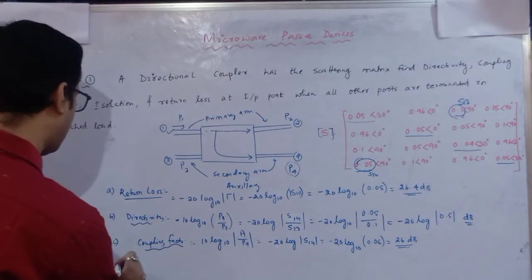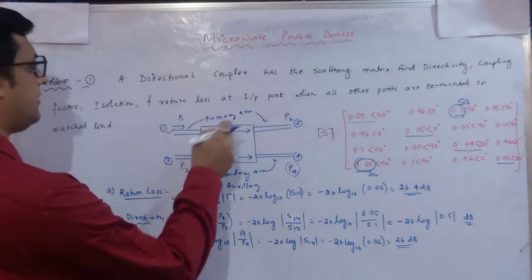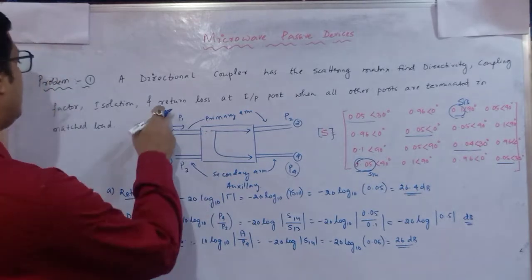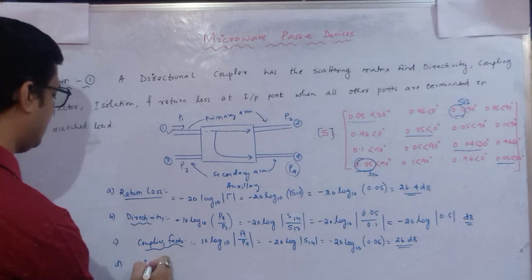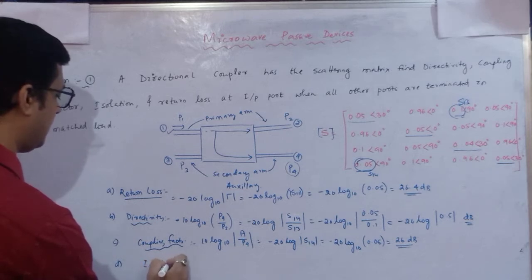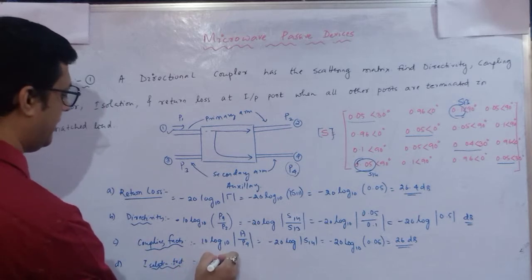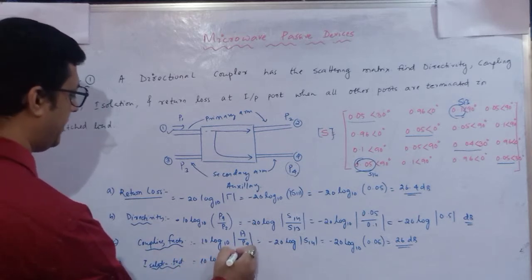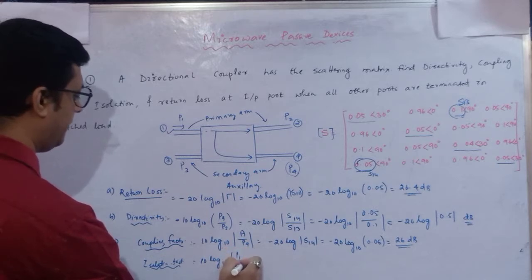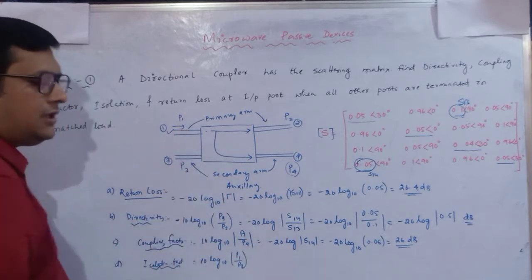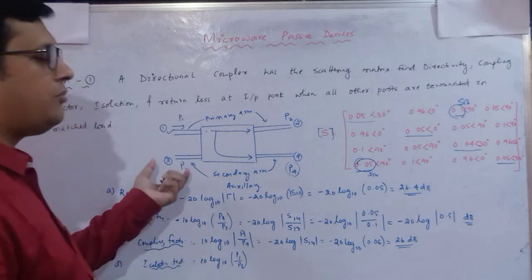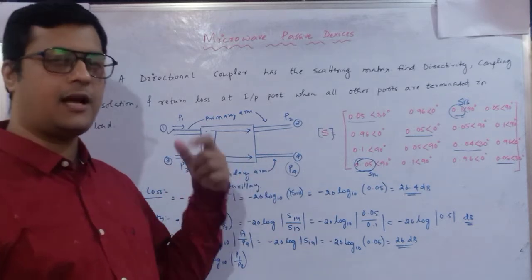Similarly, the last one is our isolation factor. For the isolation factor, we have the relation 10 log base 10 of P1 by P3, because we are feeding the power at port 1 but no output at port 3, so P3 is isolated.